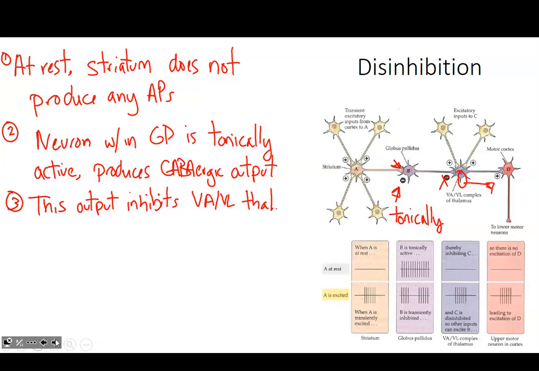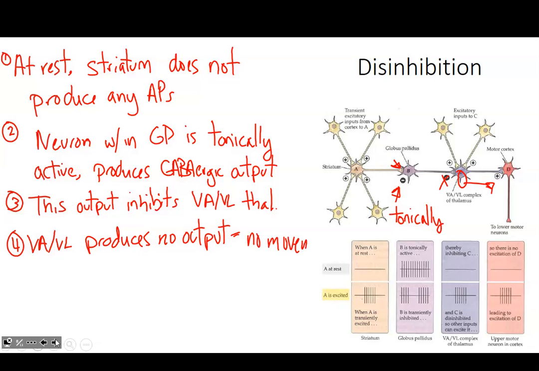Okay, so if there's no activity coming out of the ventral thalamus, because it's inhibited, it produces no output, and we get no movement.